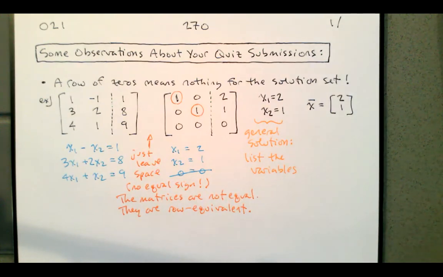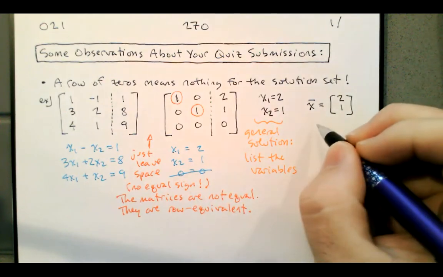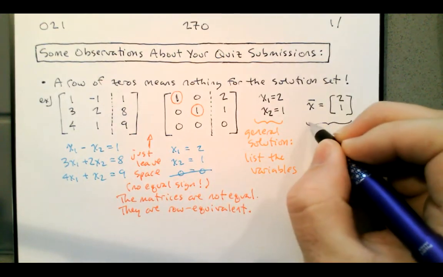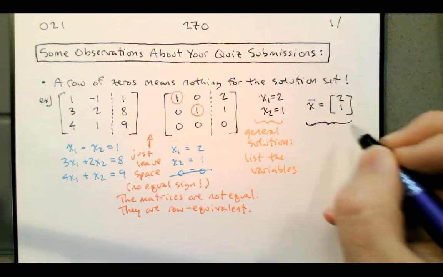In parametric vector form, we want to write the general solution into vectors. So parametric vector form, that's when your solution looks like a vector. In this case, we don't have a parameter because we had a unique solution.